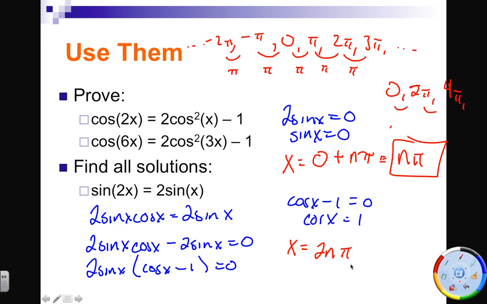Or you could say 2 pi n, or n 2 pi, if you really want to. The other way this question is going to be slightly varied is saying find all solutions on the interval from 0 to 2 pi. That just wants all of the answers on one circle, not on 2 circles and 6 circles and infinitely many circles.